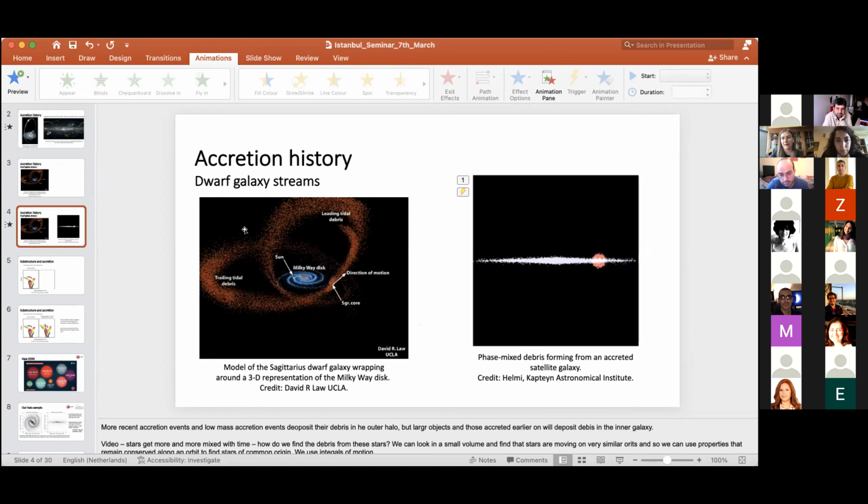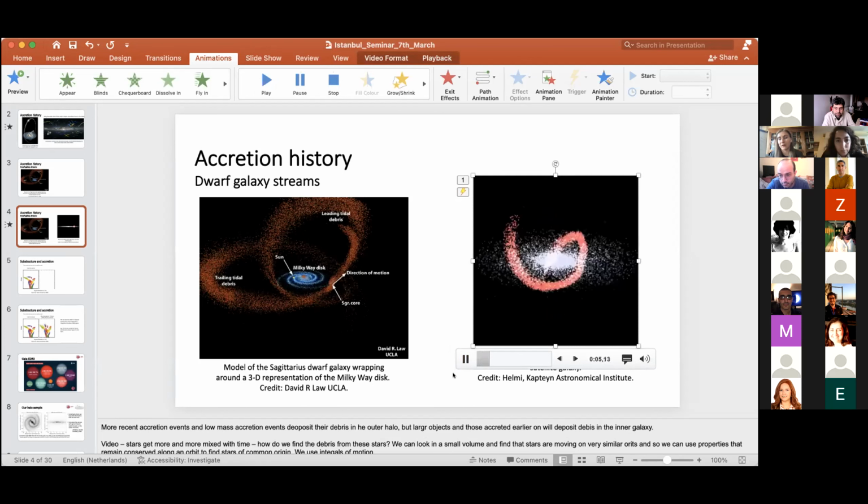But we still see that it's still being stripped. Whereas this video that I showed, I don't know if you saw this, is a model for the Helmi streams, which was accreted maybe around 8 to 10 gigayears ago, but these kind of estimates we still need to iron out a bit better.